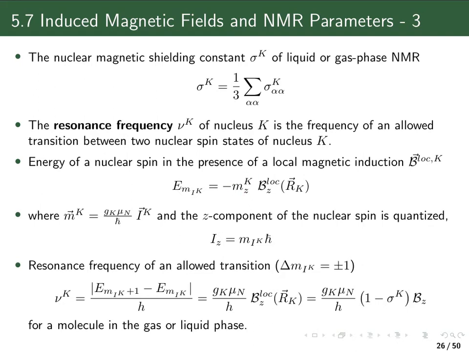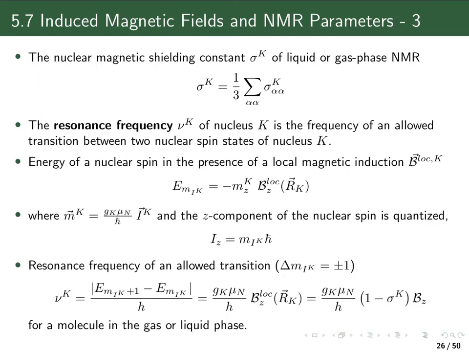Now, if we replace the Z component of the magnetic moment with the corresponding Z component of the spin of the nucleus, and remember that, of course, spin is quantized, in particular the Z component of a spin is quantized, here with the quantum number m_I of the nuclei. And then we also have to remember or accept that the allowed transitions for nuclear spin states are only the ones where the quantum number of the Z component of the nuclear spin changes by 1. And therefore the energy difference is always one which involves a change in m_I by 1, as written here.